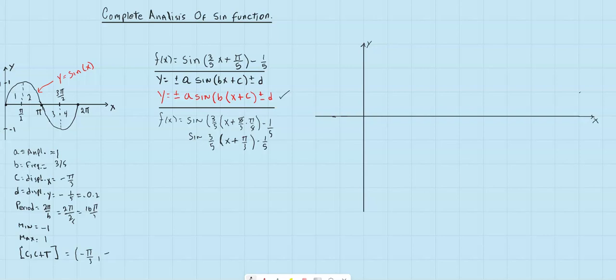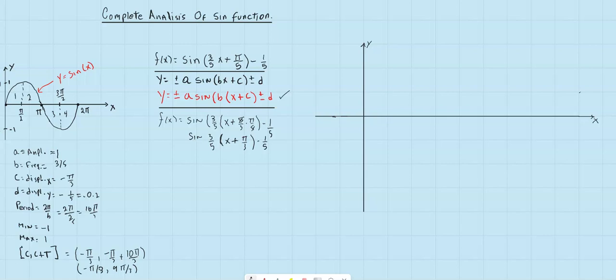C is negative pi over 3, and our period is plus 10 pi over 3, which is going to be equal to negative pi over 3 plus 10 pi over 3, and this is going to be 9 pi over 3.